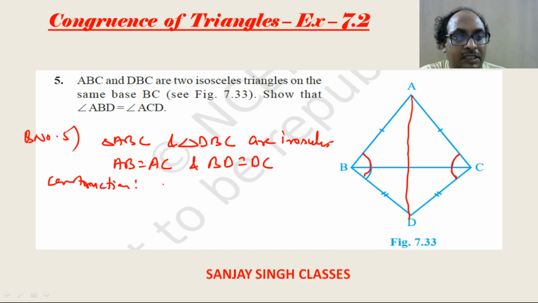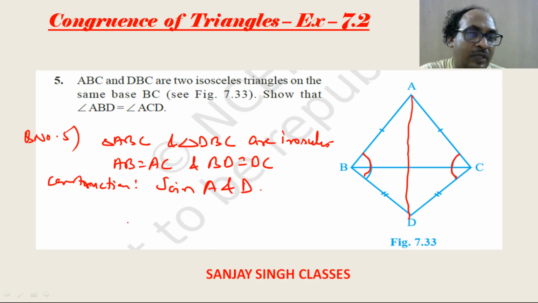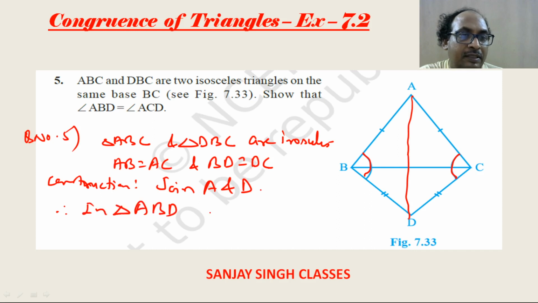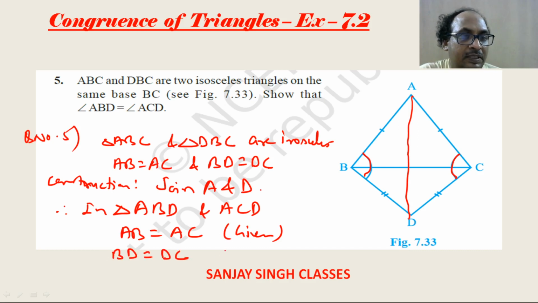We have to go for construction. Join A and D. Therefore, in triangle ABD and ACD, we have AB is equal to AC, that is given. Similarly, BD is equal to DC, that is also given. And then we have AD is equal to AD, that is common.